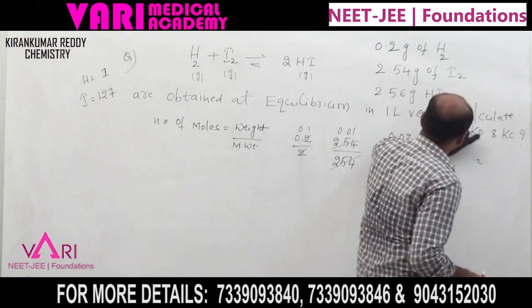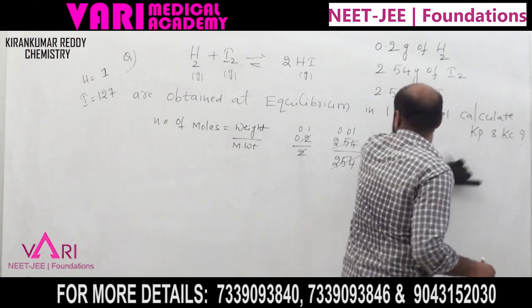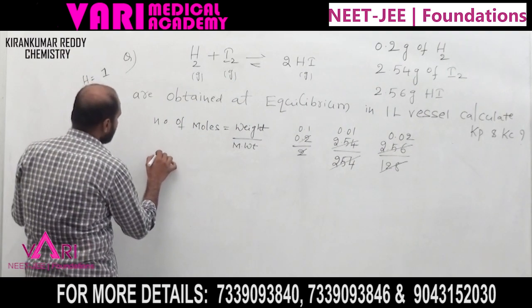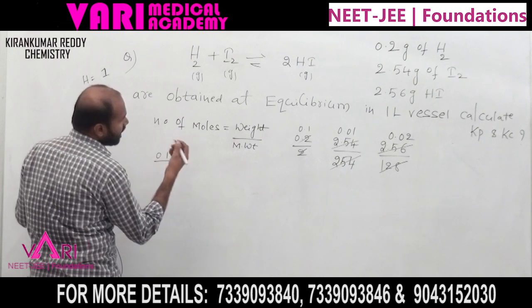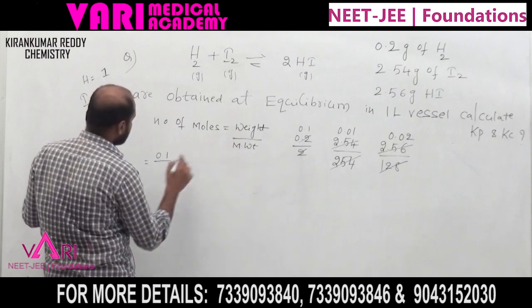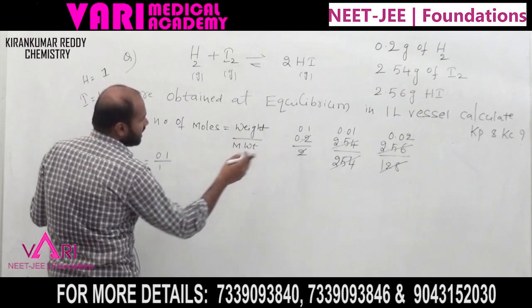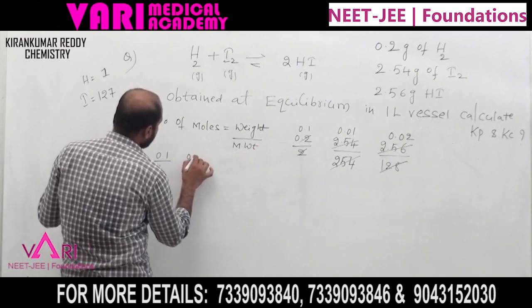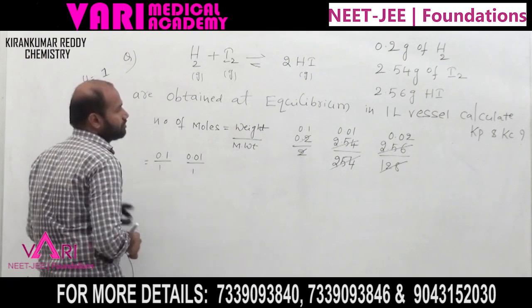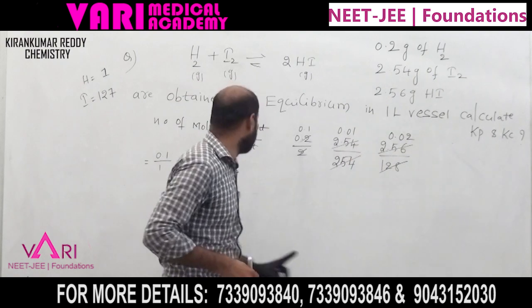Next, to the number of moles. What is the number of moles of H2? That is 0.1 by the volume, since we are writing concentration. The volume is given as 1 liter. Here also, 0.01 by 1 only, a 1 liter vessel, that is the volume.